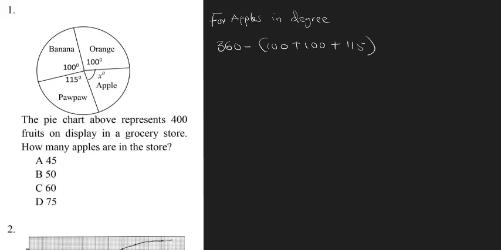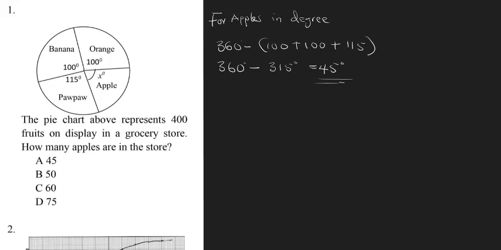So now this one is going to be 360 minus 100 plus 100 is 200, plus 115 is 315. All this one in degrees. So 360 minus 315, of course, it's going to be 45 degrees. So this is the degrees of apples.